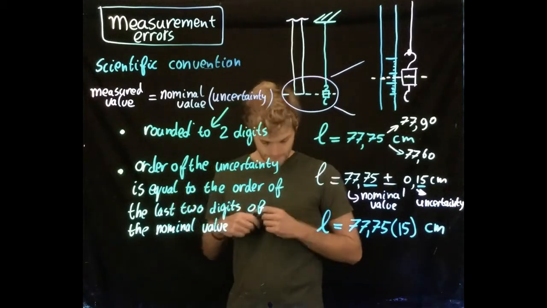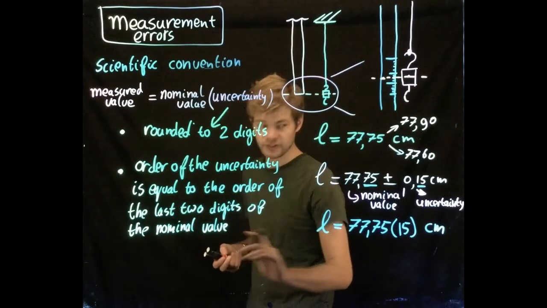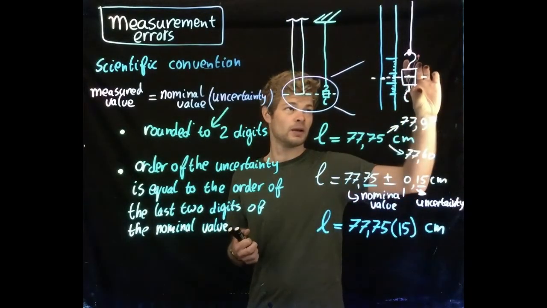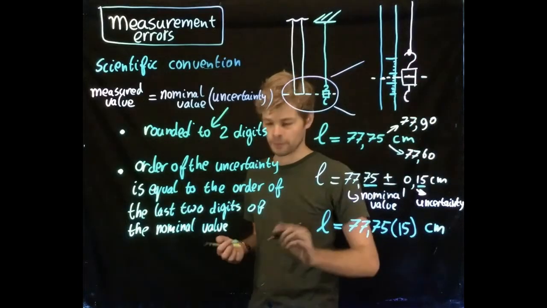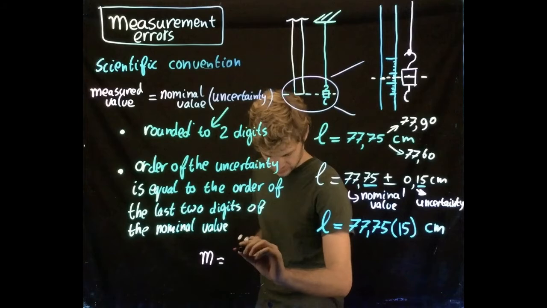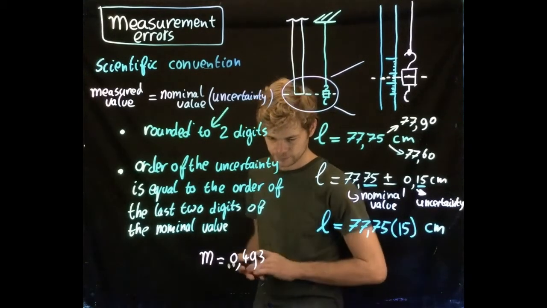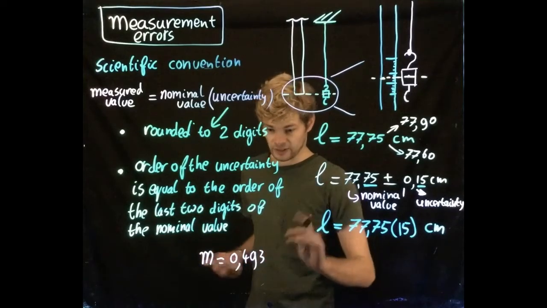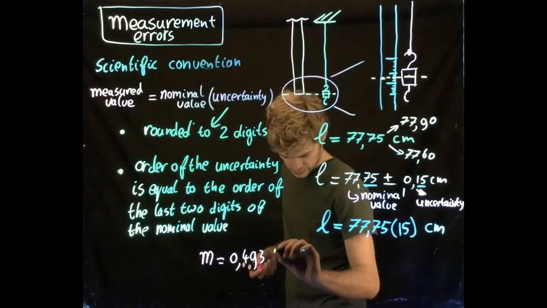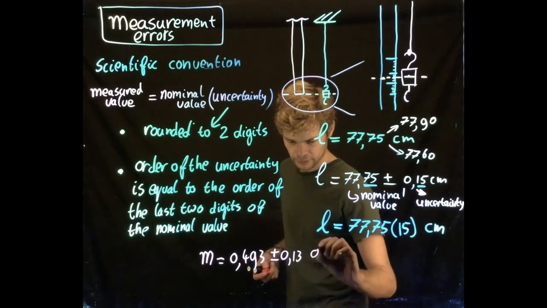And so if I would, for instance, measure the mass of my pendulum, I would read, for instance, the mass is 0.493. I can read it from the scale, but my scale has a measurement error of 0.30 grams.